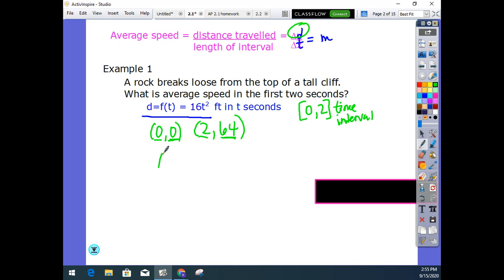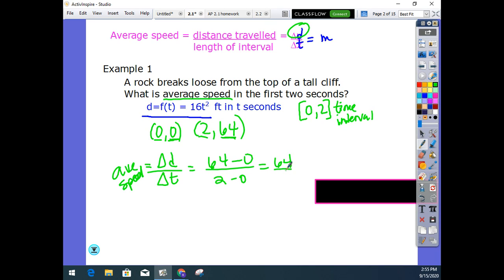My change in distance over my change in time is what gives me my average speed. (64 minus 0) over (2 minus 0), and that's 64 over 2, or 32 feet per second.